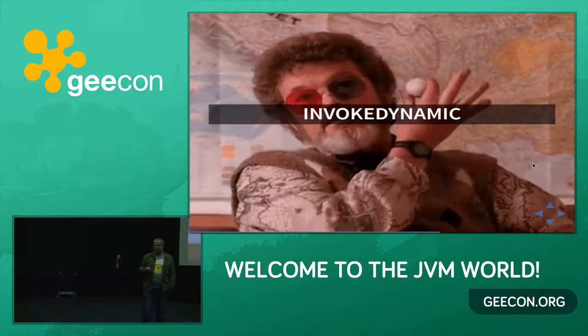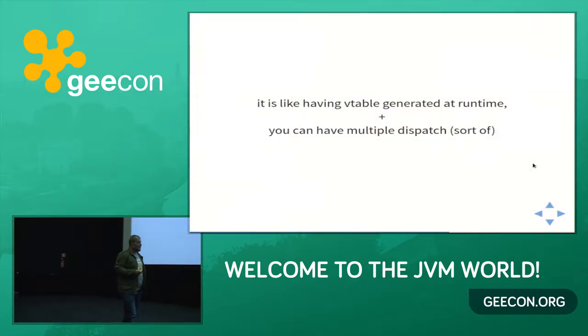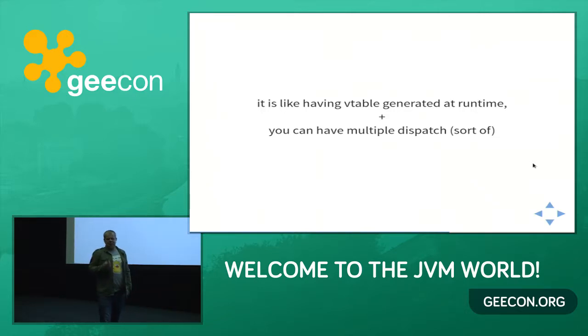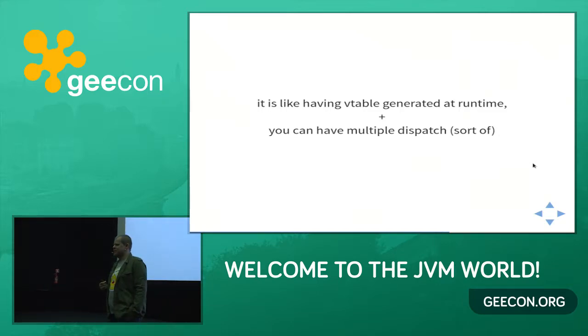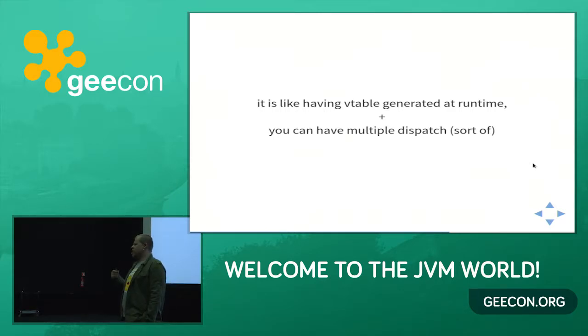Okay? What does it mean? Invoke dynamic is like having the virtual table generated at the invocation moment. Every time. So every time you call invoke dynamic, you can actually dispatch this call to a different method. Every time. Okay?